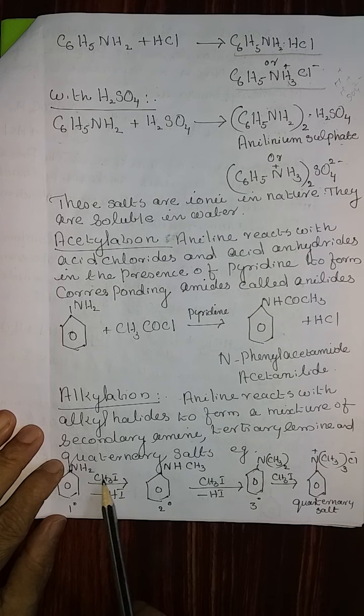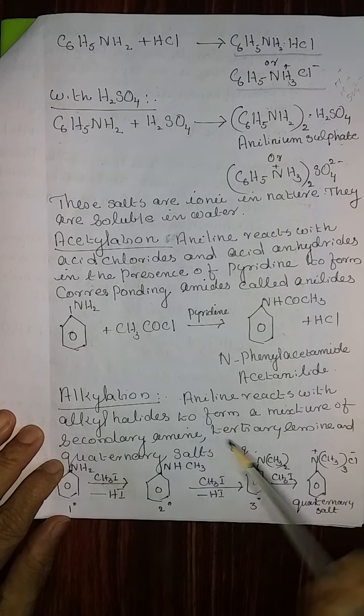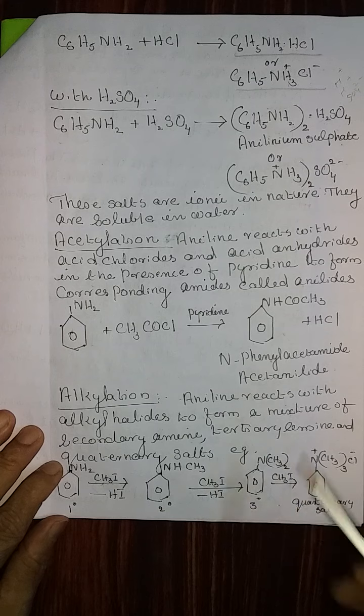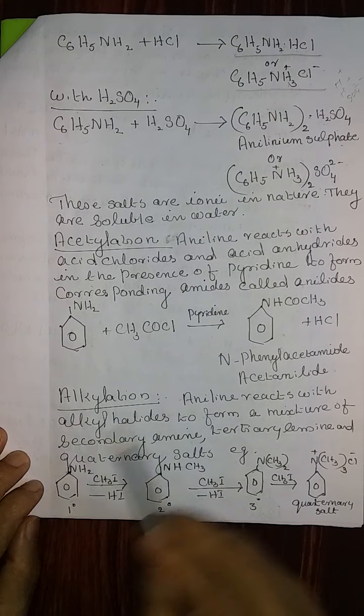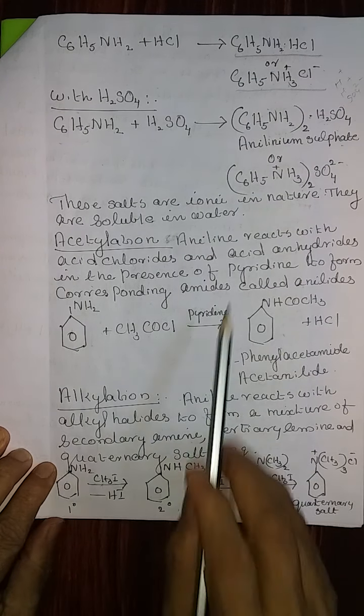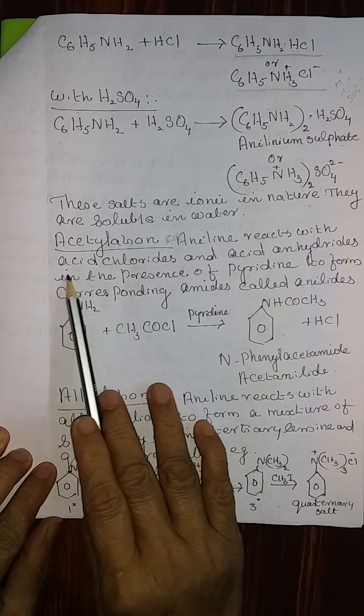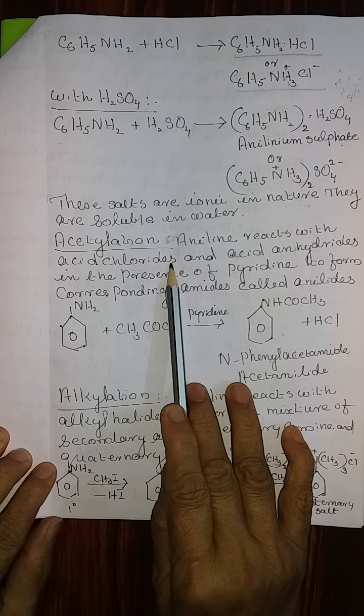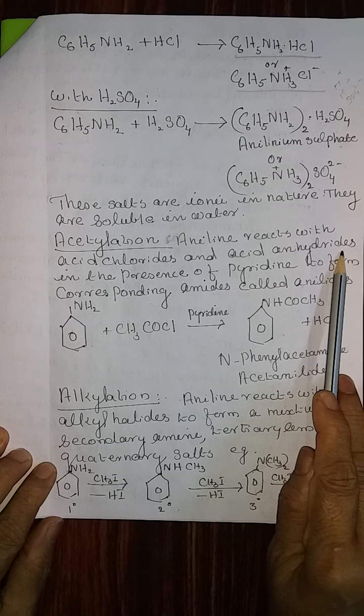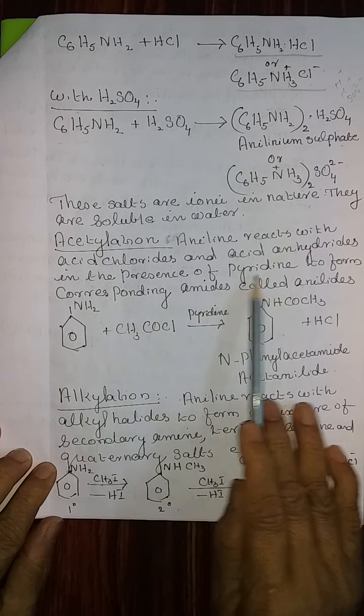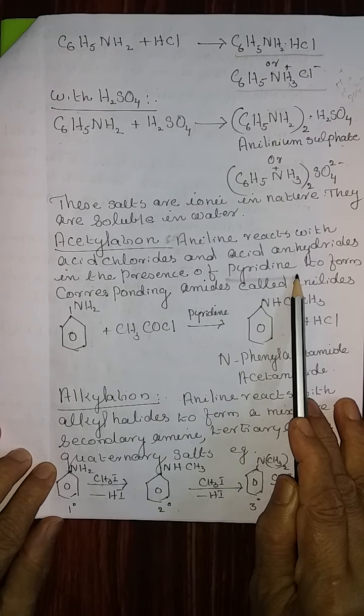Acetylation and alkylation. You can write both the reactions by yourself and check the answer by referring to the textbook. Aniline reacts with acid chloride, that is acetyl chloride, and acid anhydrides in the presence of pyridine. Write the condition correctly.